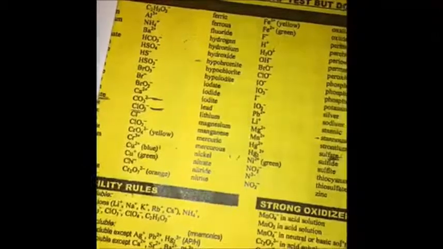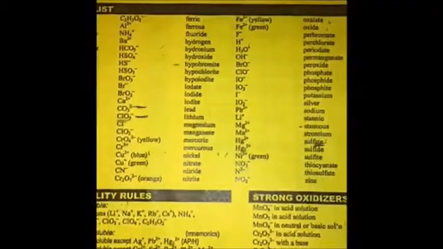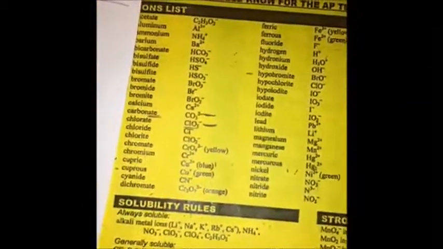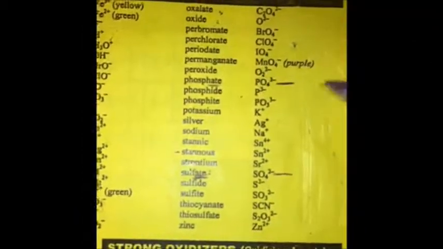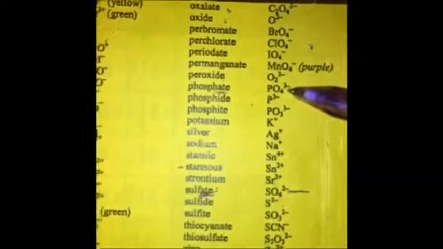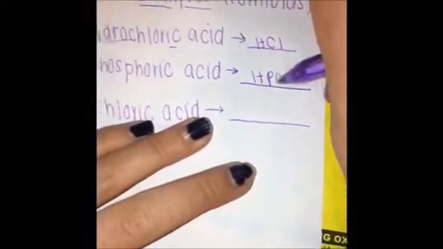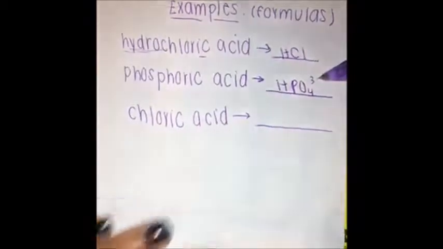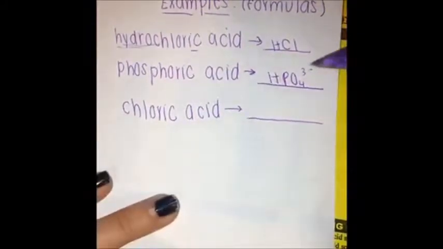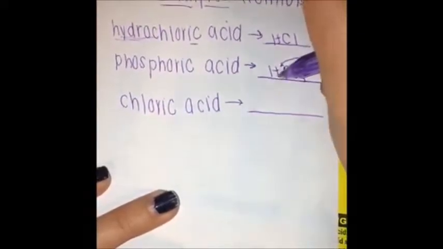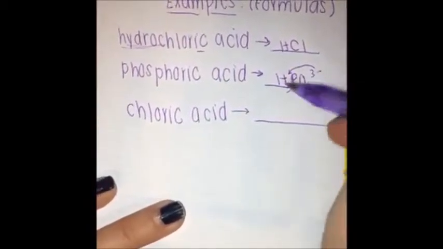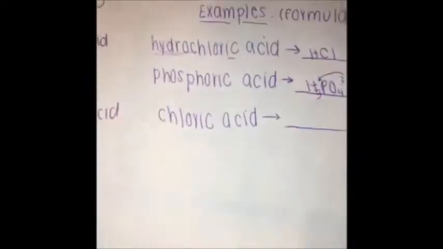And knowing that it ends in ATE, you can identify this as phosphate, and then you simply add the anion onto the H, identifying it as PO4 3-, and when you have the 3-, you put it in the front of the hydrogen, so it'll be H3PO4.